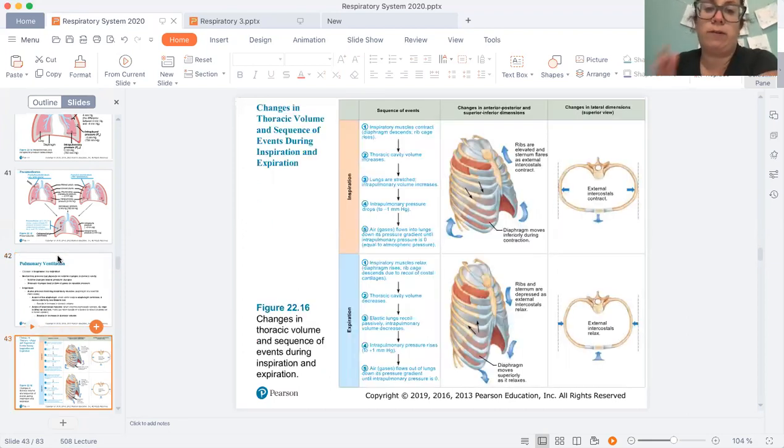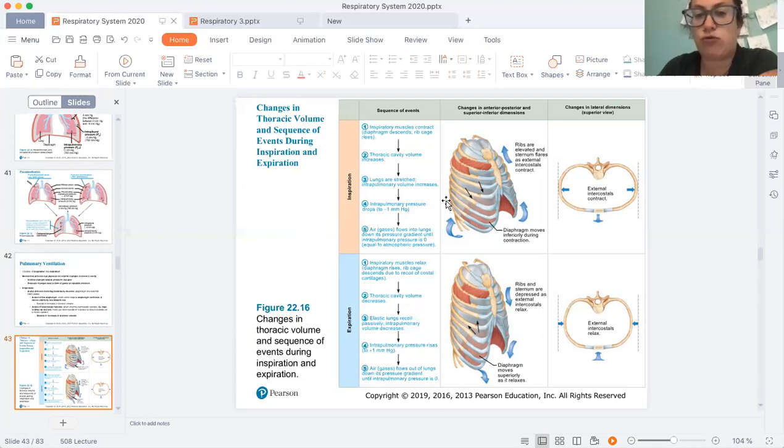So for inspiration, the inspiratory muscles are contracting, the diaphragm lowers, the rib cage rises, and we increase thoracic cavity volume. The lungs are stretched, so the intrapulmonary volume, inside the lung, increases.